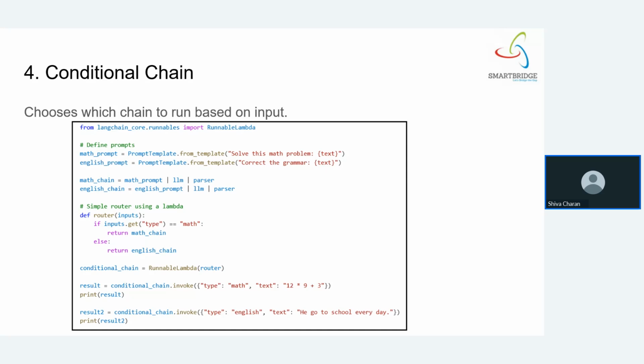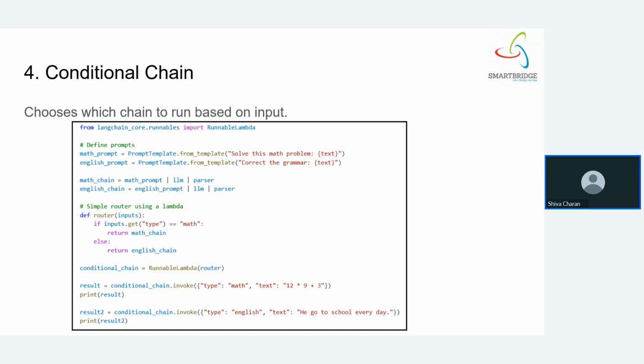If the input type is related to the math prompt, it will go into the math chain, or else if it is related to English or grammar, it will go into the other chain, that is the English chain. This kind of switching is known as a conditional chain. And how are we defining it? We call the RunnableLambda, in that we call the function, and we assign the variable called conditional chain and invoke that particular chain. What is the input we are giving here? See here.